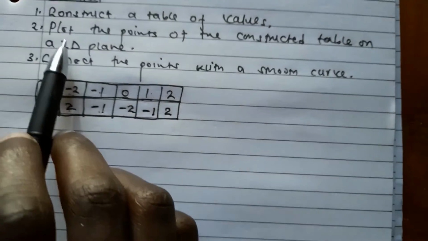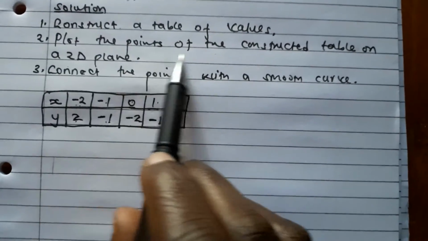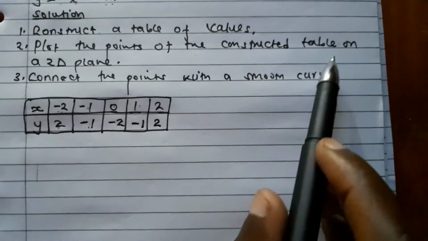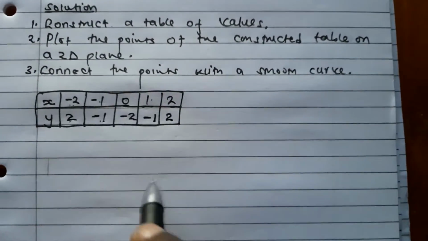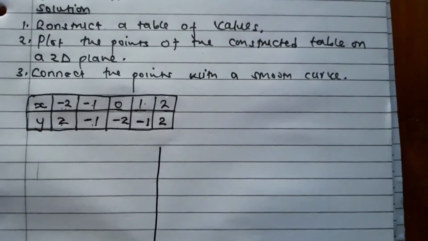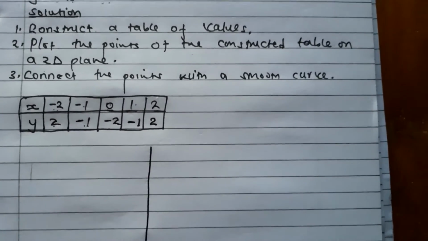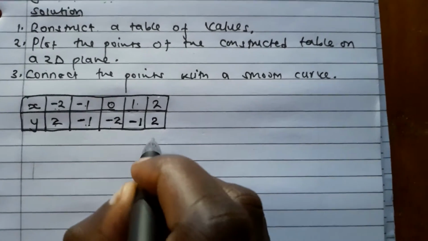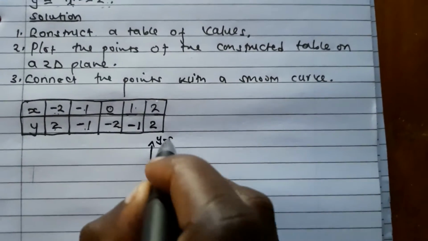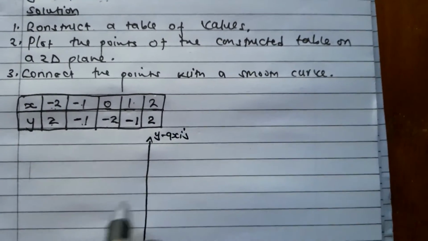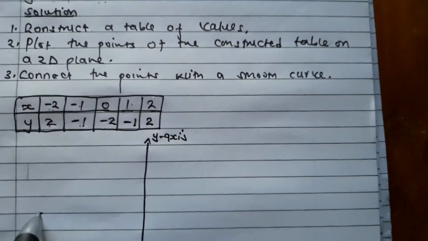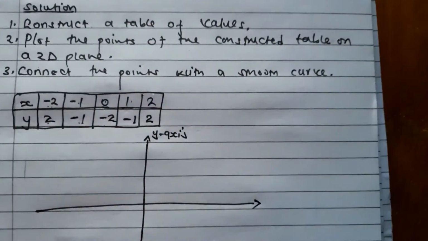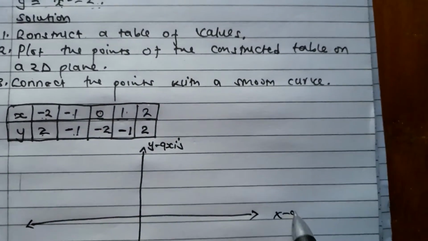Then I go to step number 2, where I plot the points of the constructed table on a two-dimensional plane. So I need to come up with a two-dimensional plane. And this is my plane. I'm having my y-axis like that. And here I'll be having my x-axis like that.